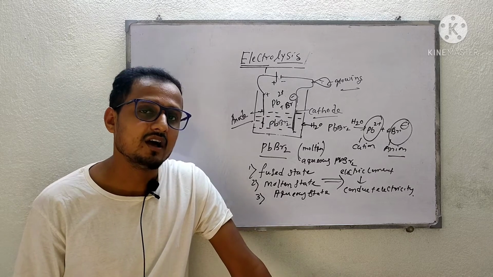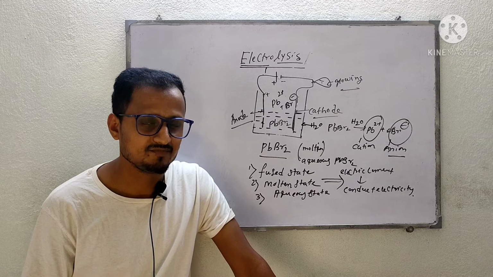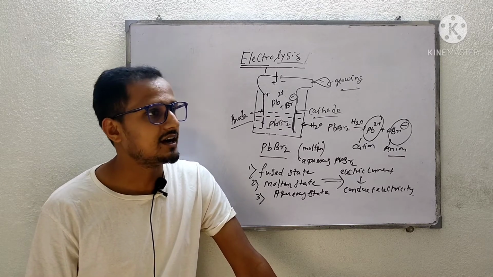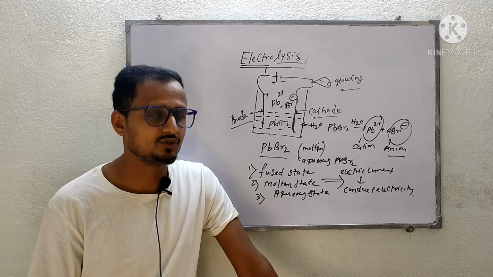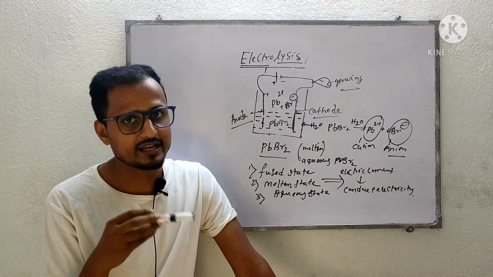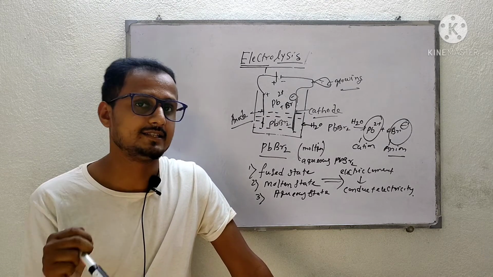So normally every ionic compound is an electrolyte. That means whenever you take an ionic compound and pass electric current through the electrodes, you will see the cations and anions forming, and they will conduct the electricity.